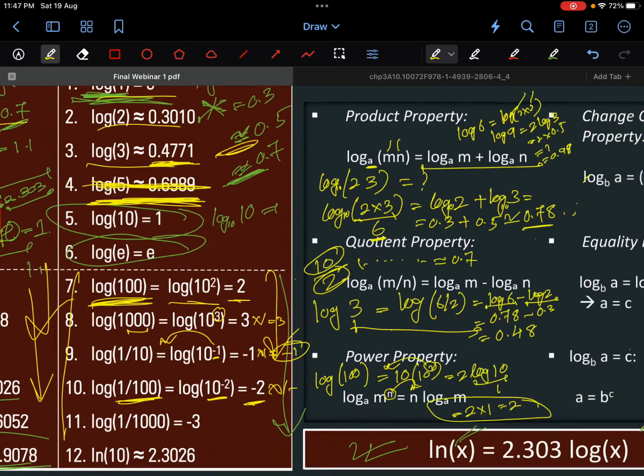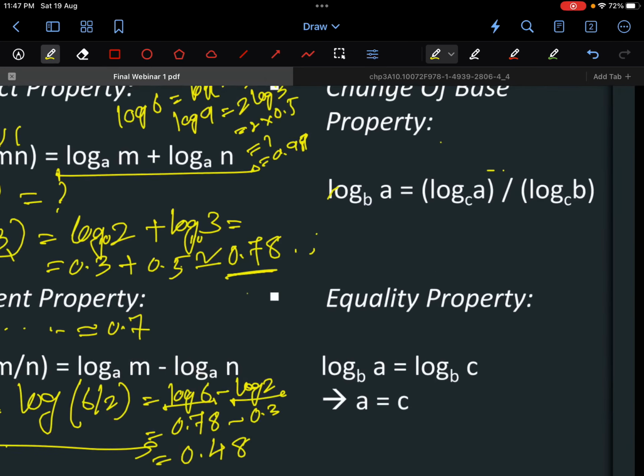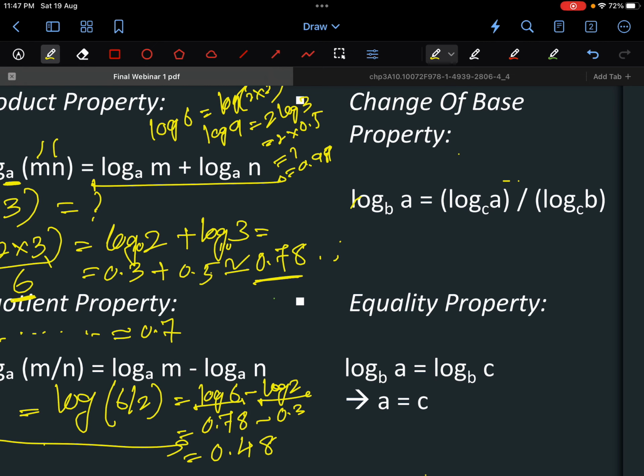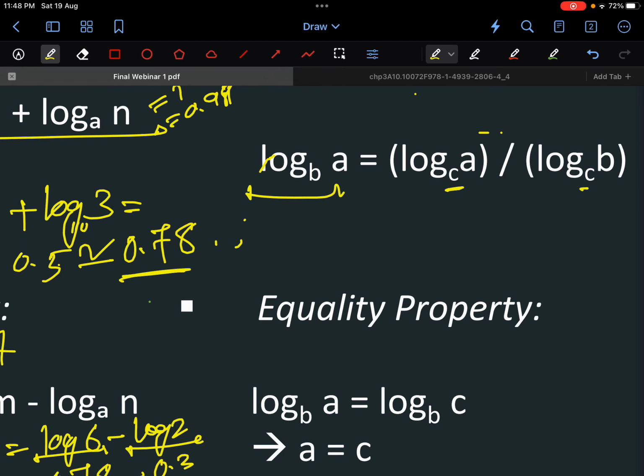Okay, now there are a few more properties that we need to see, that is log with base b and the number a. This is called the change of base property. You can add a new base to the log. I will explain it with an example, it will be better. Let me change the color of the pen.